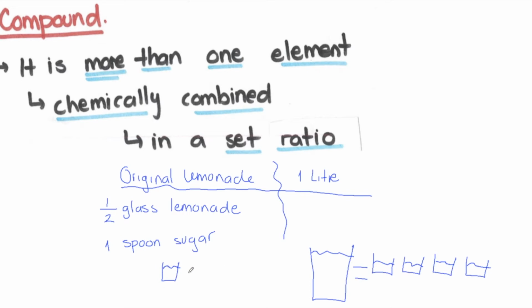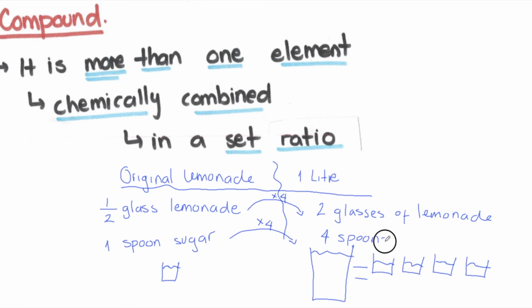So it's like preparing this 4 times. And because of that, I know that I have to multiply this one times 4 and this one times 4 in order to prepare this full liter. So I'm going to have 2 glasses of lemon juice and 4 spoons of sugar. Okay?